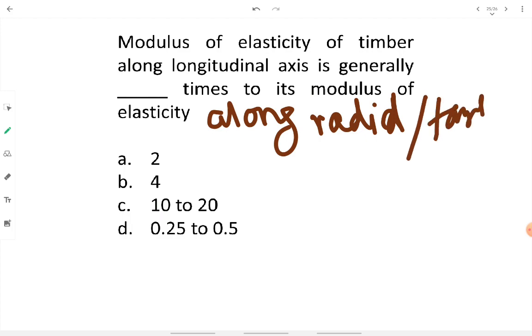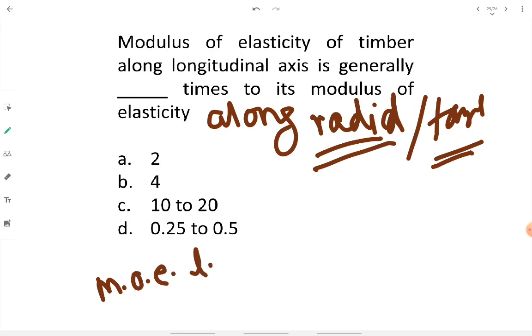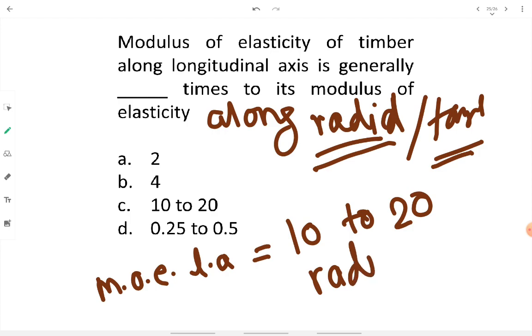The thumb rule is that the modulus of elasticity or Young's modulus along the longitudinal axis is generally 10 to 20 times the value along the radial direction. The thumb rule is 10 to 20 times.